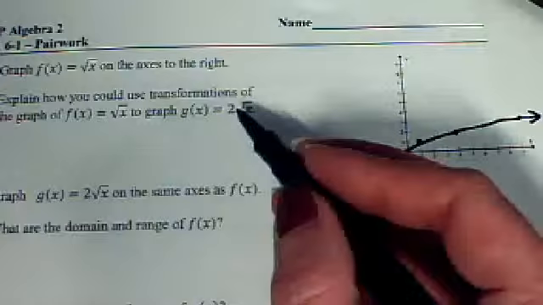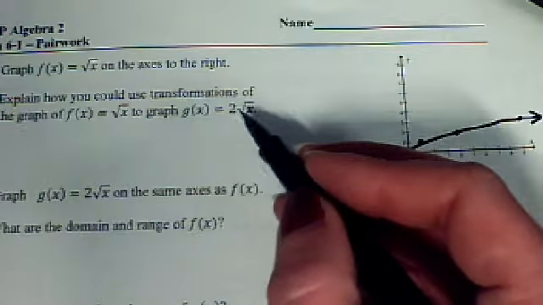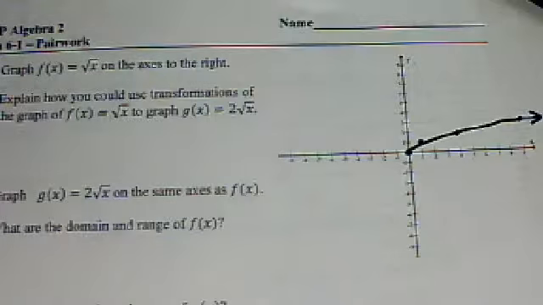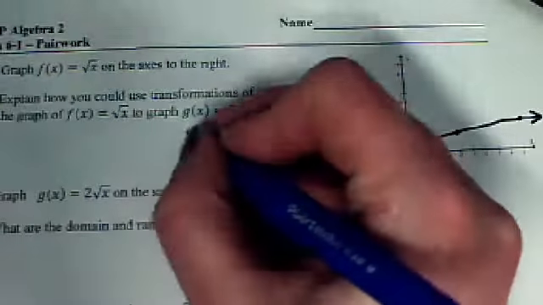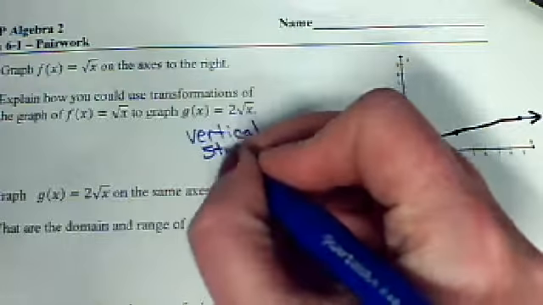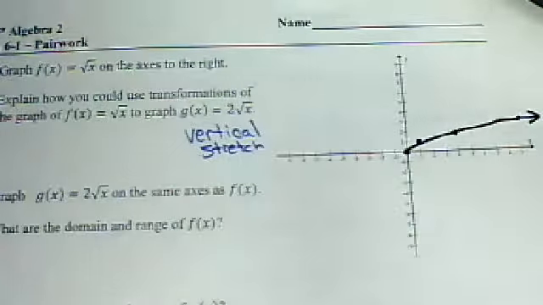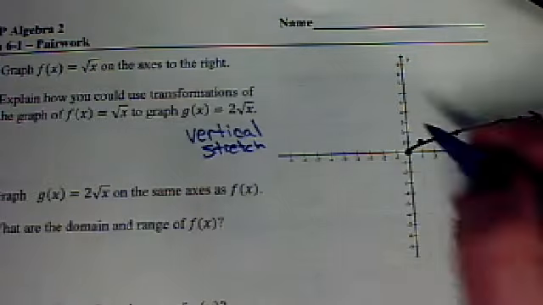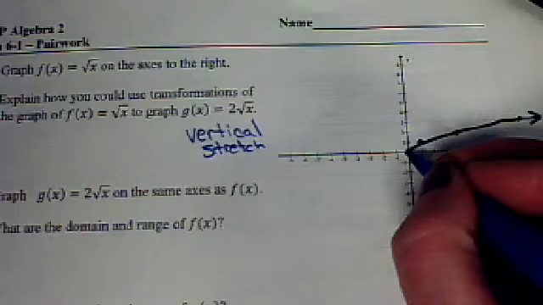What do you think is going to happen when I multiply by 2? 2 times the square root of x. That 2 is going to give me a vertical stretch. Literally what I'm going to do is take each y value, each output, and multiply by 2. So the output here is 0. 0 times 2 is 0.